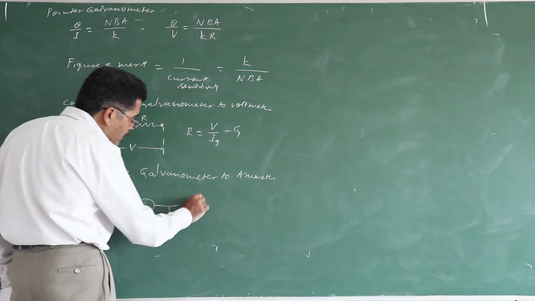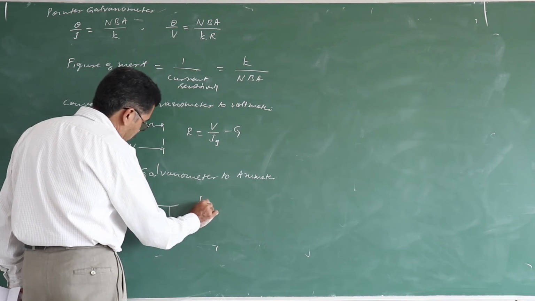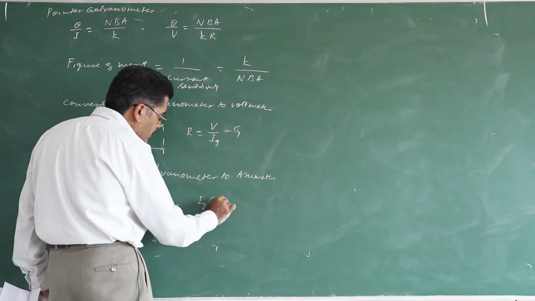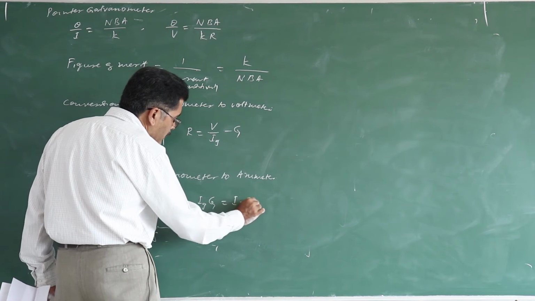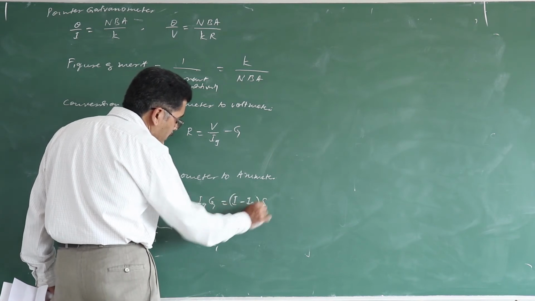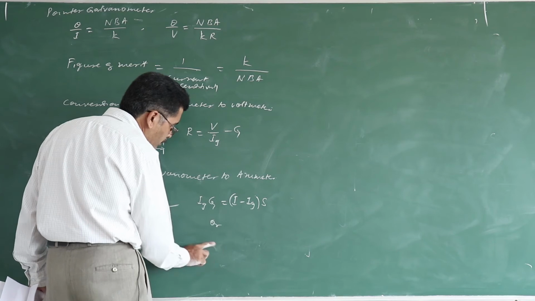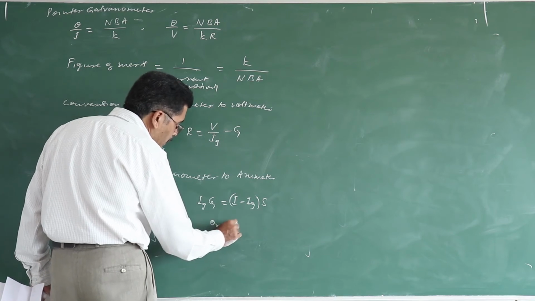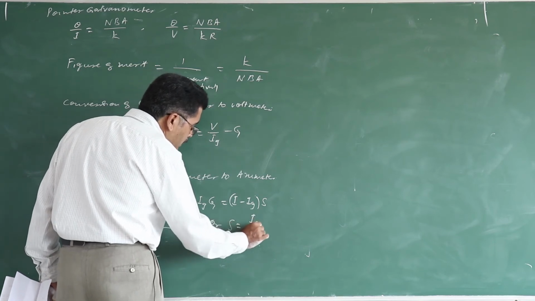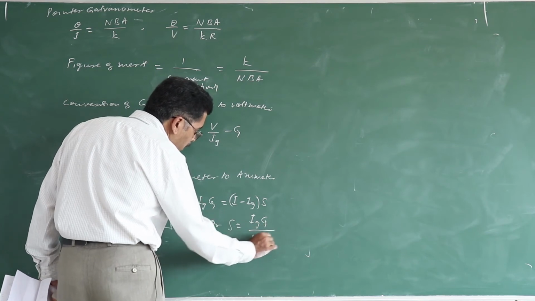Then we can write IgG is equal to I minus Ig into S. We can write S is equal to IgG by I minus Ig.